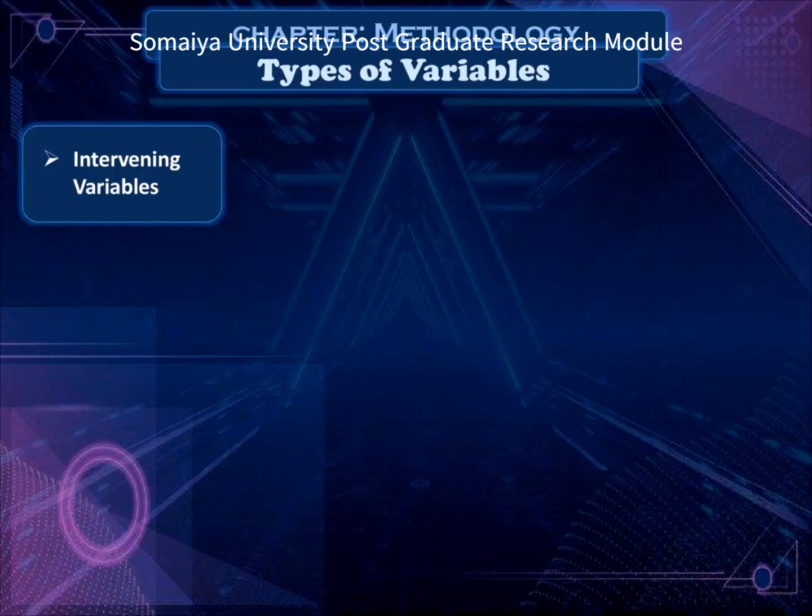Intervening variable is like that aunt. In everybody's life there is one aunt towards whom we are a little bit soft, whether it's your mother's sister, father's sister, or your mother's friend, or maybe your granny, whoever. So they have a certain psychological, emotional hold on you.